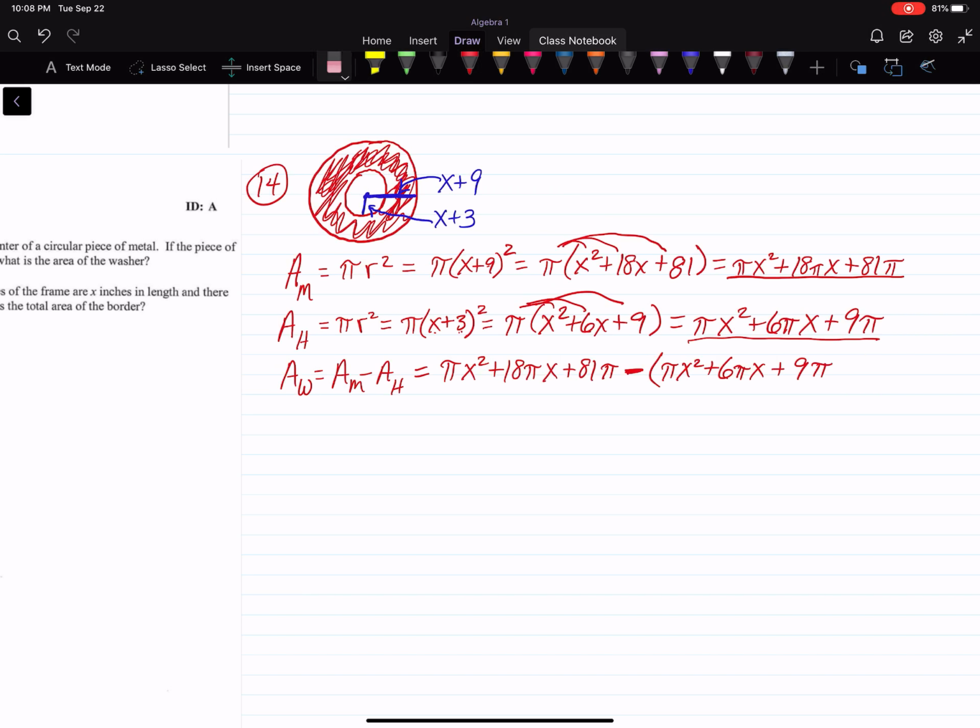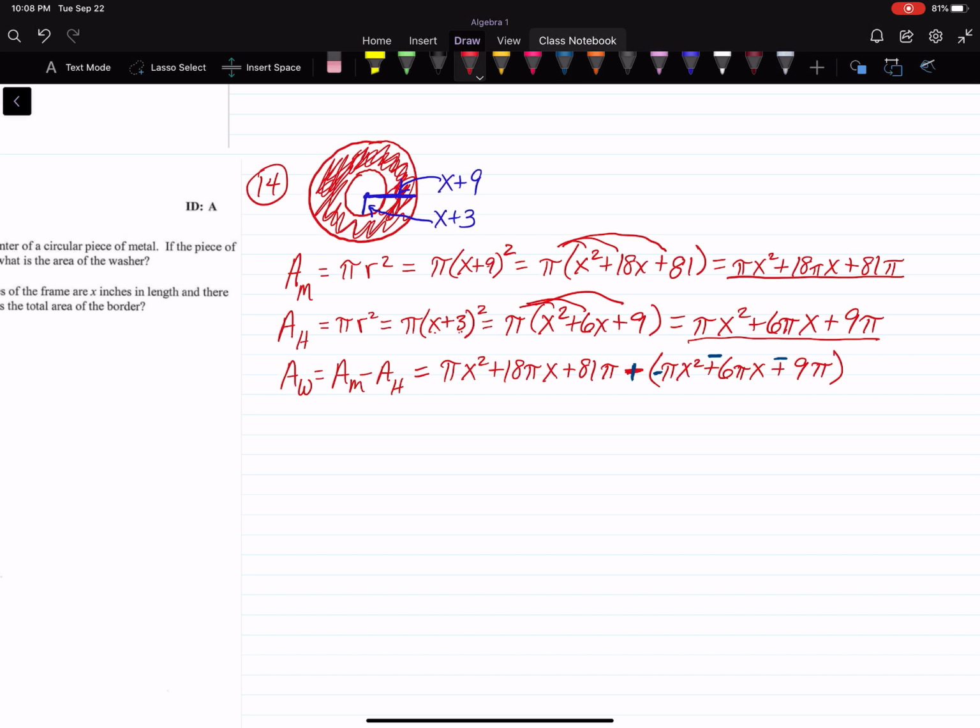Again, I'm going to do this like I did a minute ago. I'm going to change this to a plus, which makes that minus, and this a minus, and that a minus. So again, that's just my way of subtracting.